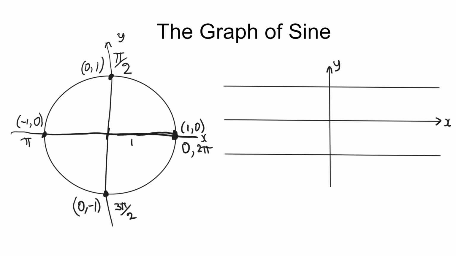Now, what is important about these coordinates is the value that they hold, right? If you recall in our previous video, we discussed that cosine theta is going to coordinate with our x value or x coordinate, while sine would be the y. So if we are going to be graphing sine of theta, then we're going to use these different, I call them checkpoints. So we're going to be at 0.